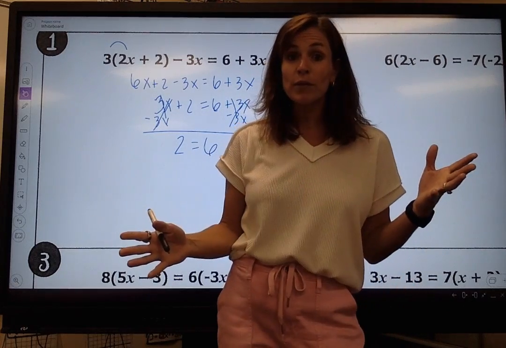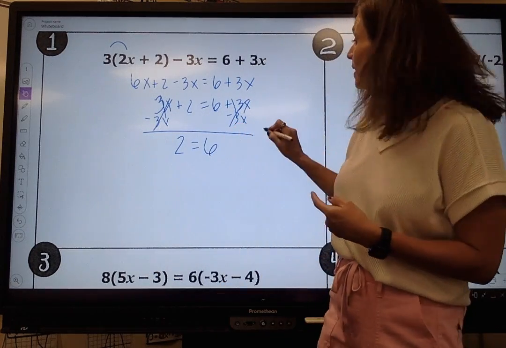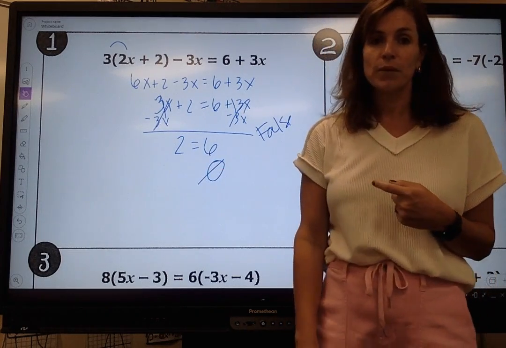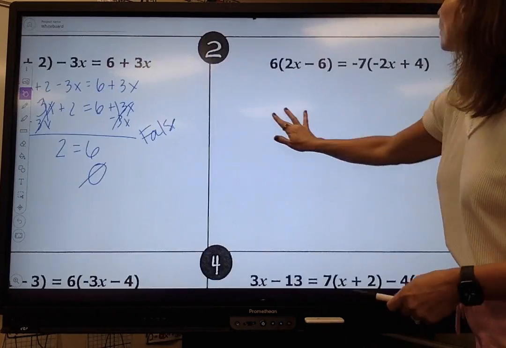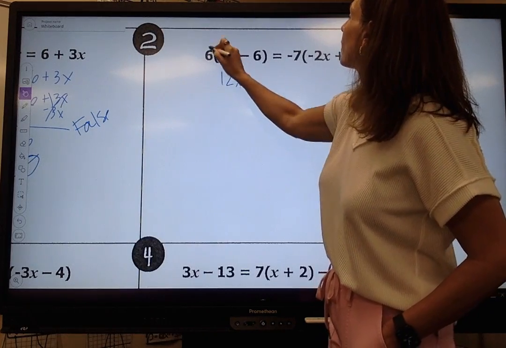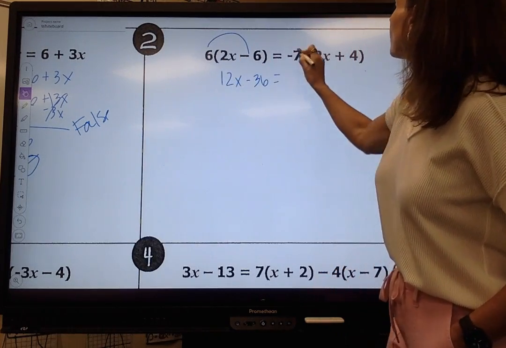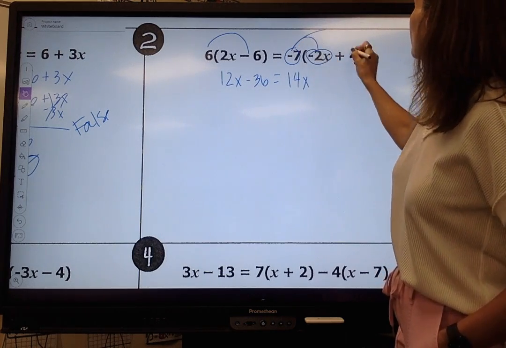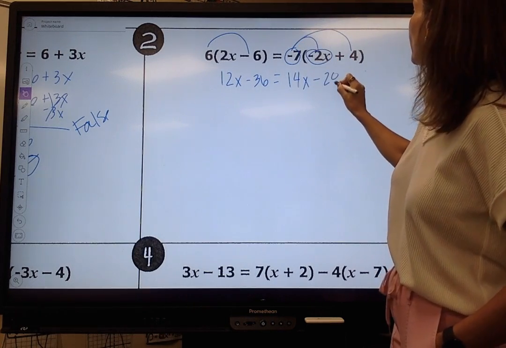My variable terms have canceled out. This is a false statement, so there is no solution. Okay? Look at number 2. Distribute the 6 to get 12x, negative 36. Negative 7 times a negative 2x is 14x. Negative 7 times 4 is negative 28.